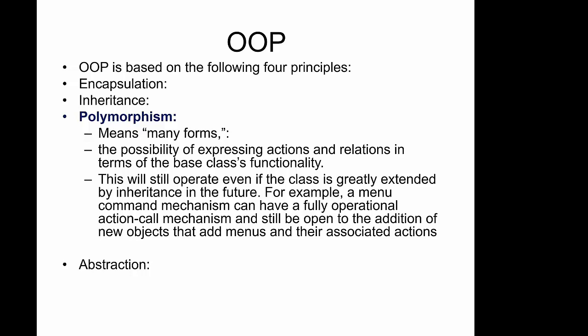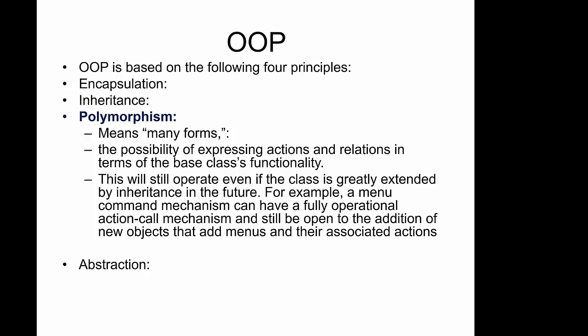You will be able to determine which function you want to call based on which object you are in right now. If you have heard this term before, for those familiar with OOP, it's also called dynamic binding, because during runtime you bind, you associate the function call to the actual implementation based on the object you are in. Well, very complex statement. Later on, we'll see examples about this.